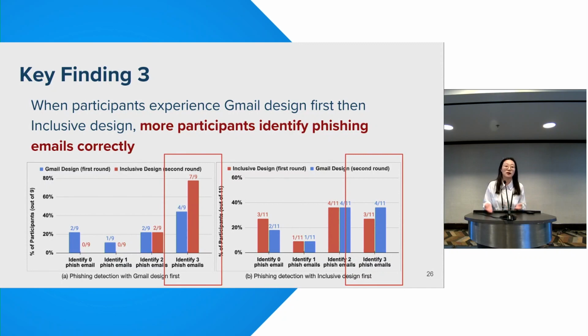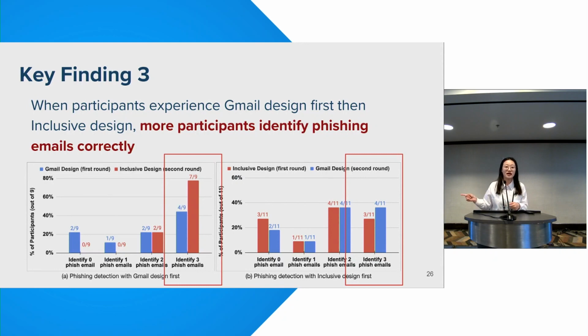In the first graph, participants read emails first in the Gmail design, then the inclusive design. One example I can give is one participant did not notice the email warning in the Gmail design, but he noticed the email warning in the inclusive design. So that could be the reason for the increase in the first graph.